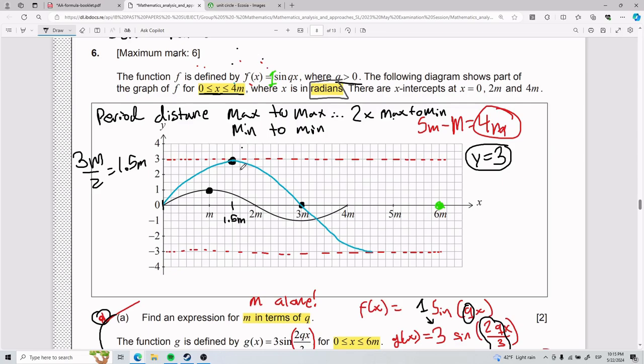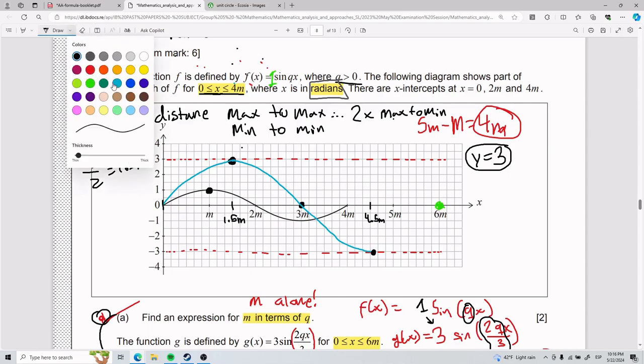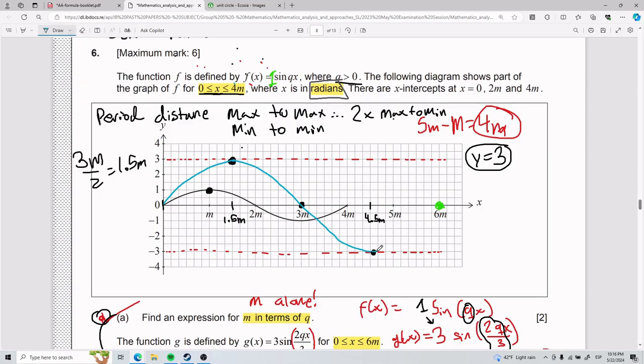All the process we just did was for finding the corresponding x values. So over here, I'm going to write 4.5m, that means I have a minimum over here. And if you continue with this logic, you're going to end up with an x-intercept right there.